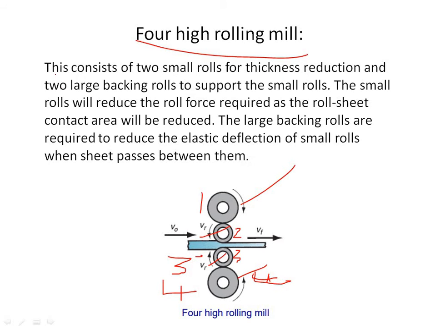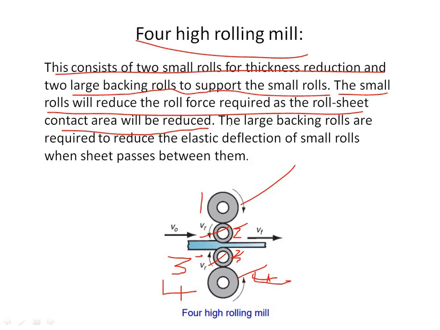This consists of two small rolls for thickness reduction and two large backing rolls to support the small rolls. These are the supporting rolls. The small rolls reduce the roll force required as the roll-sheet contact area is reduced.